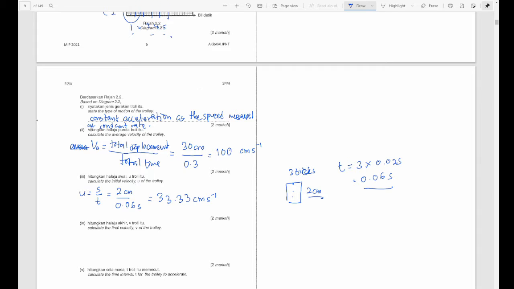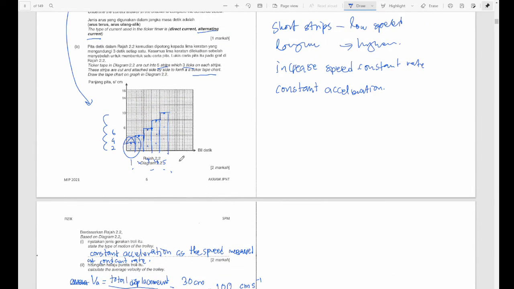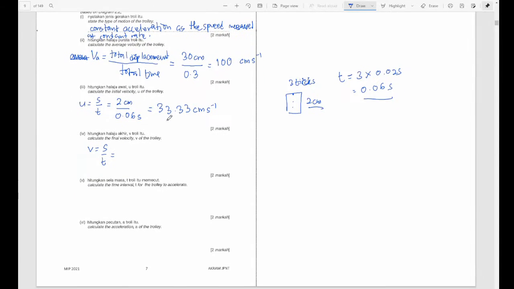Okay, next, calculate the final velocity of the trolley. Same formula, V equals S divided by T. For the final velocity, we need to look at the last strip. The length of the last strip is 10 centimeter.